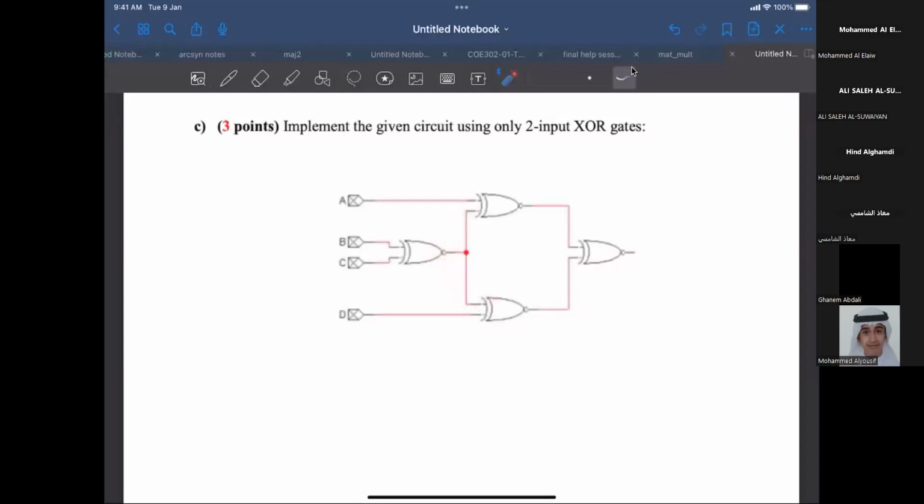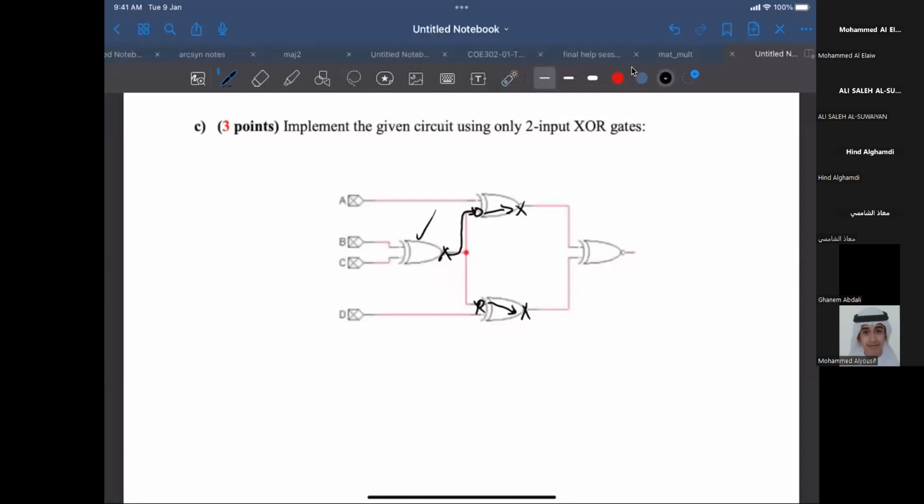Okay. So let me just write that. So this one, we have the bubble going here and here, so no more bubble here. This is already XOR. Okay, and then this one will cancel this one, and this one will cancel this one, so no more bubble here and no more bubble here and no more bubble here.